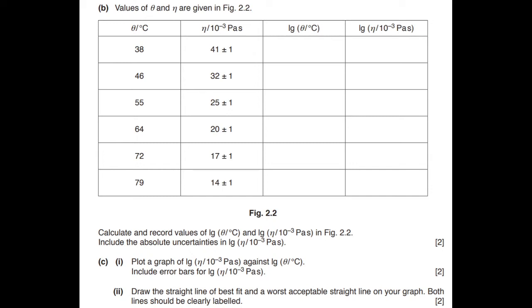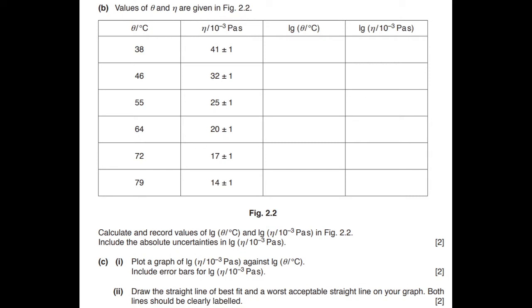And you then find the logarithm of that. You just work out the logarithm to base 10 of theta, and the logarithm to base 10 of the viscosity. Please bear in mind that the heading of the table is telling you that it's times 10 to the power of minus 3 of a Pascal. So your answer must be times 10 to the power of minus 3 of a Pascal.